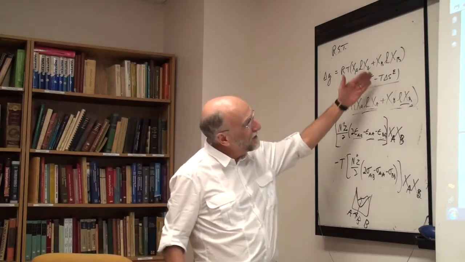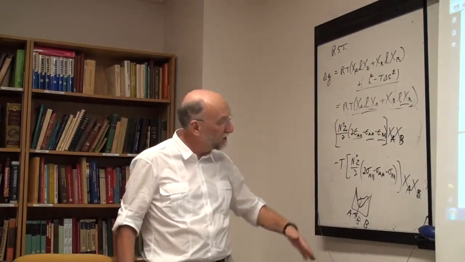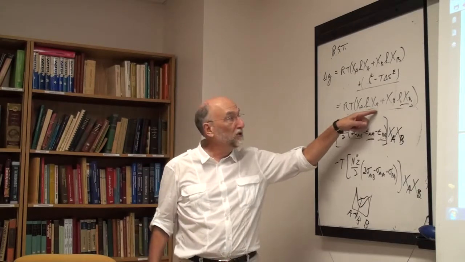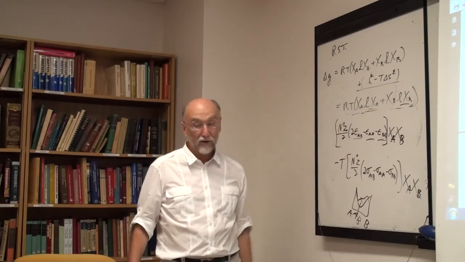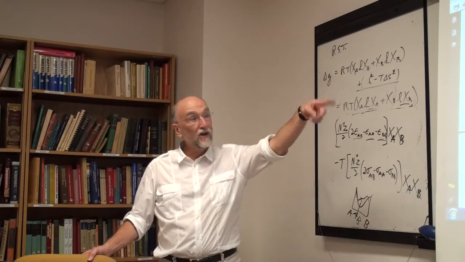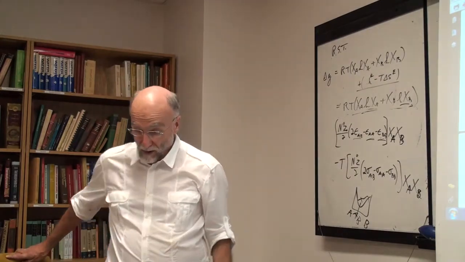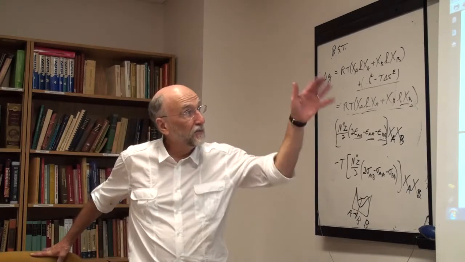But as the deviations from ideality get larger and larger, then it's less and less likely that it's going to be an ideal solution. It's going to be probably ordered. And in that case, this is not a good way to do it. And we'll talk about that later. Okay, anyway, but there's your polynomial model.